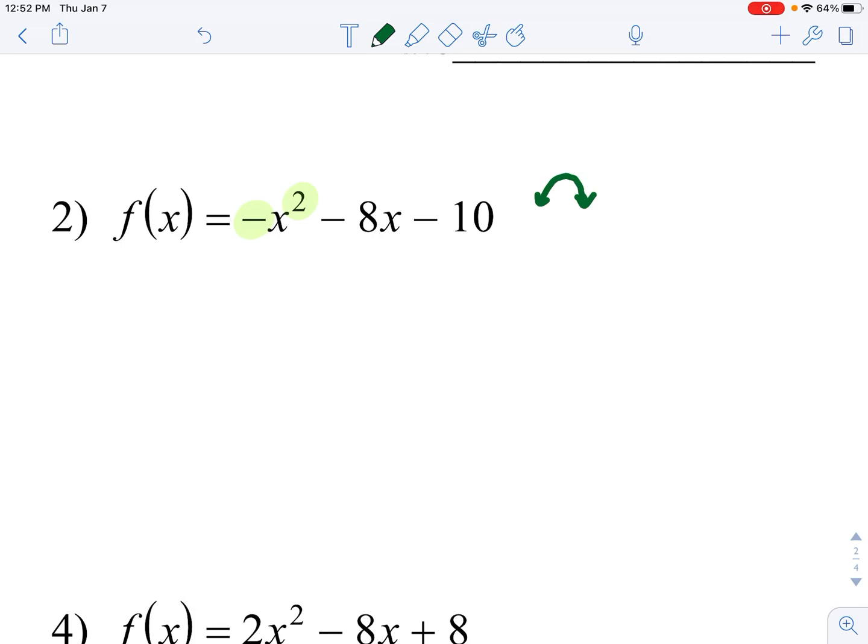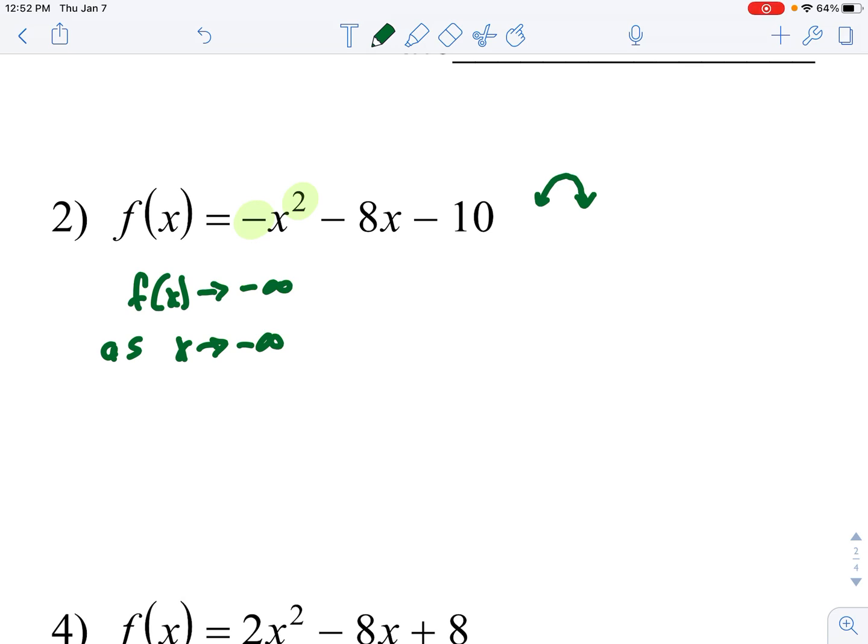So here's how we say down to the left. F of x goes to negative infinity, that's down, as x goes to negative infinity, that's left. So what I just wrote is down to the left, or I use the word as, not to the, but there it is. Down, f of x goes to negative infinity, to the left, as x goes to negative infinity.